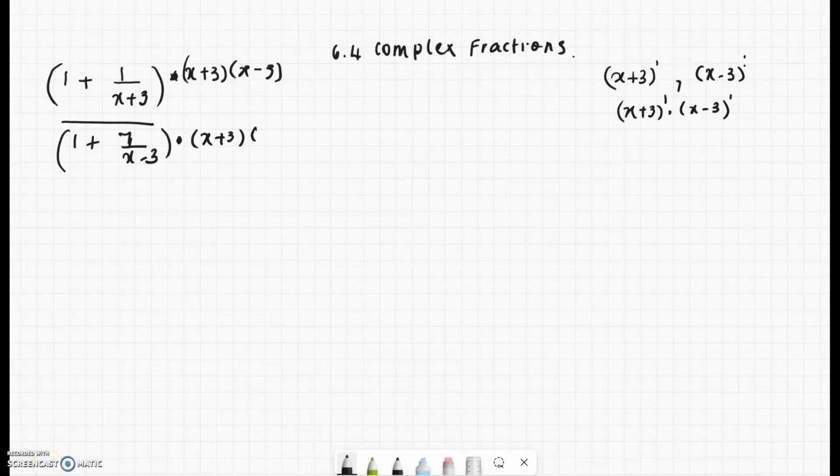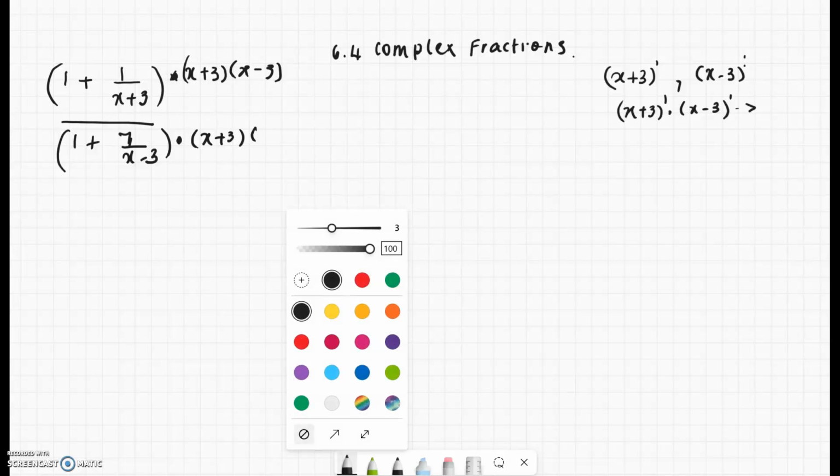So we multiply the numerator and denominator with the LCD. So this is the LCD.